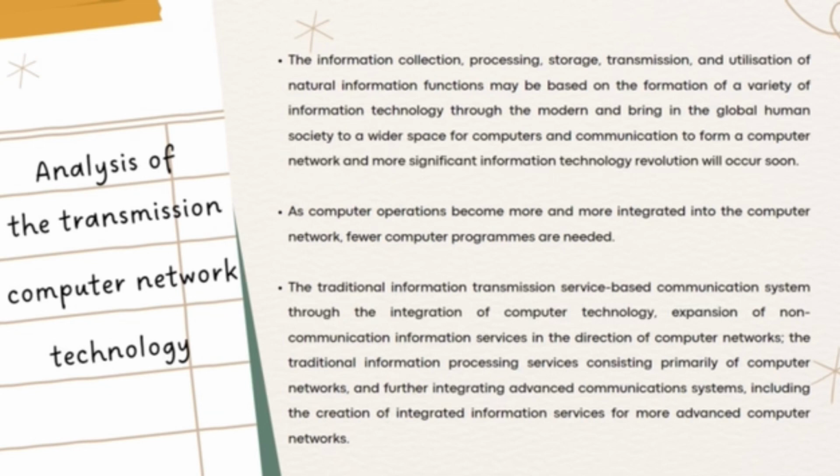Next, the computer network system and the communication system are now progressively integrating along some fundamental paths, such as the traditional information transmission service-based communication system through the integration of computer technology, expansions of non-communication information service in the direction of computer network, the traditional information processing service consisting primarily of computer network, and the further integrating advanced communication system, including the creation of integrated information services for more advanced computer network.